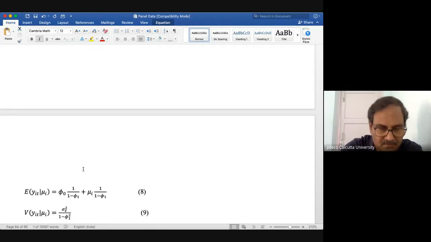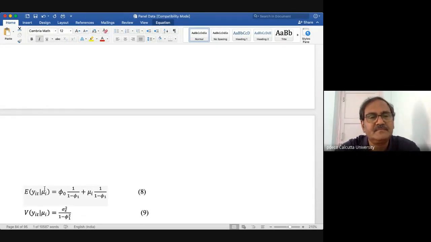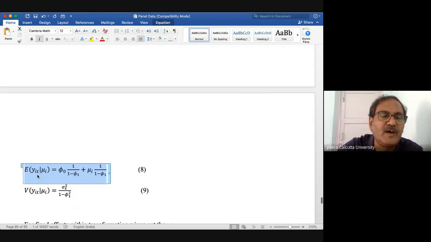And after expressing the relation in that way, you can find out the conditional mean value for yi. I have said here the conditional mean, because we are finding out the expected value of yit given the cross-section heterogeneity, mu I. So it will be equal to phi naught into 1 by 1 minus phi 1 plus mu I into 1 by 1 minus phi 1.